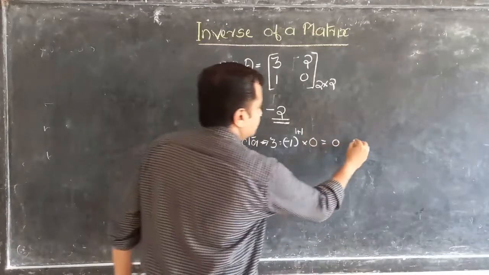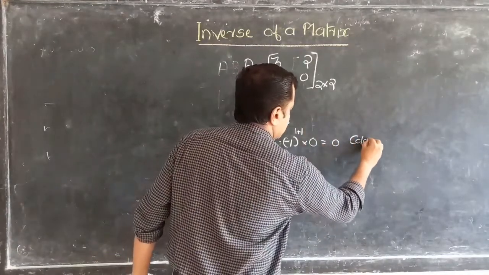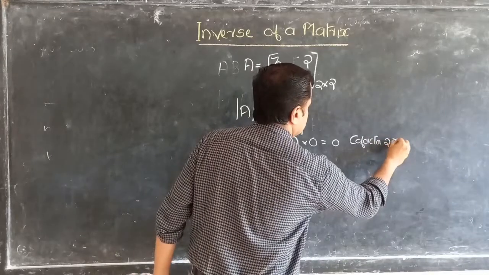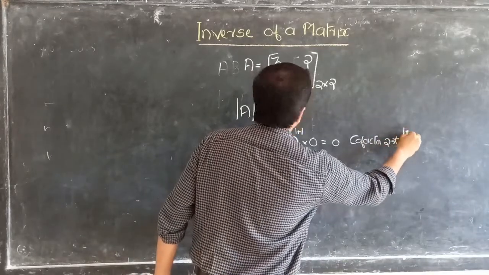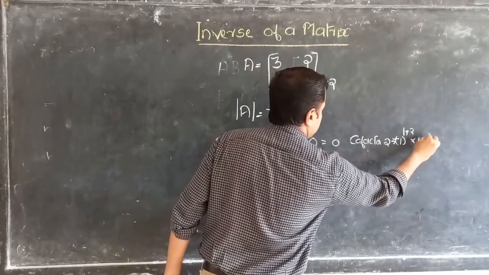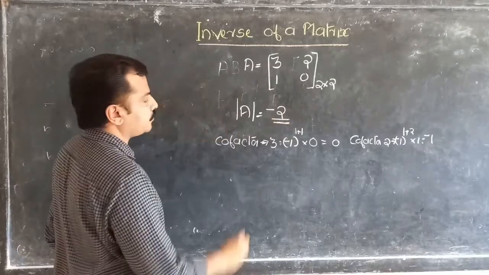Cofactor of 2 equals minus 1 raised to 1 plus 2 into 1, which is equal to minus 1.